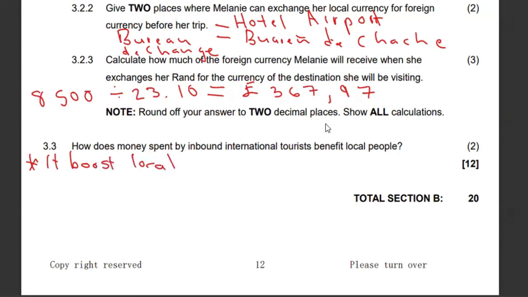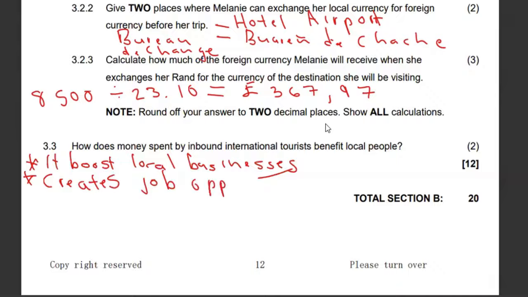Remember, tourists come and spend their money on food, on gifts, on souvenirs. As they are doing so, they boost local entrepreneurs. Then it also creates job opportunities for the local people. People can end up getting jobs in hotels, in attractions.